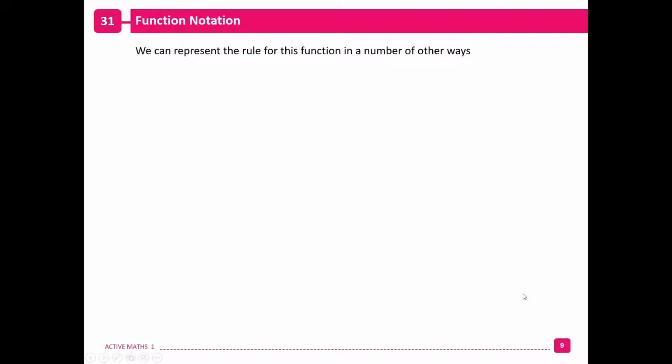We can represent the rule for this function in a number of other ways as well, and each of them are important, so we must focus very hard and try to learn them all. This is the first option that we've looked at already, and we pronounce that by saying f of x equals x squared.